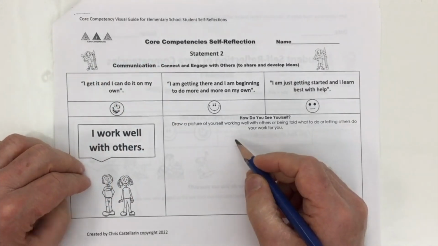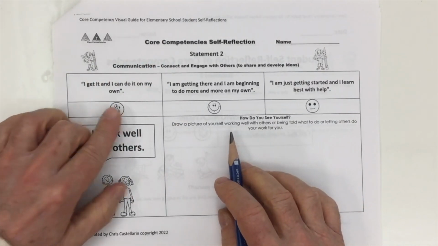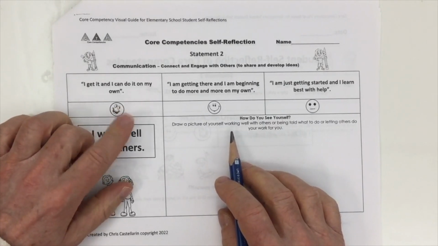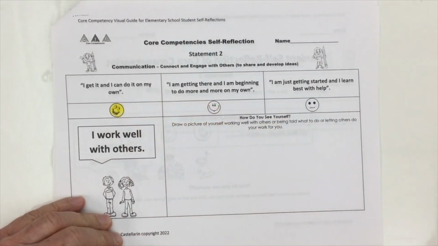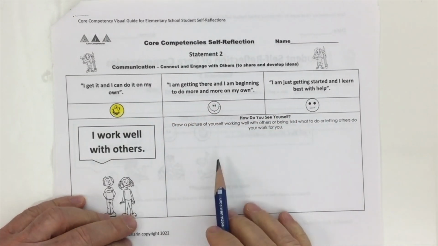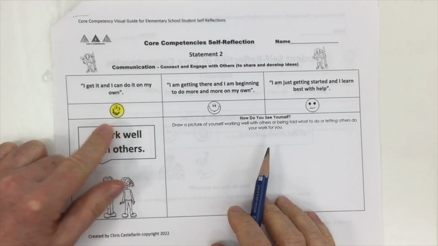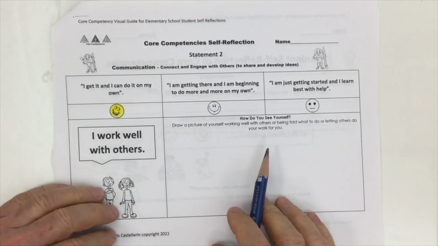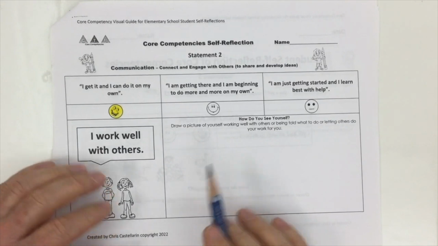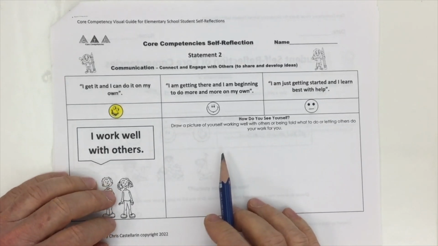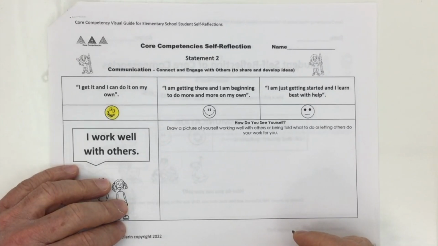I think what I can do here is maybe draw a picture of myself working well with other people because I chose the big colorful emoji face, which says, I get it and I can do it on my own without the help of adults and other people. I work cooperatively. I listen to other people's ideas. I share my ideas. I work as a team when I work with my friends and my classmates.